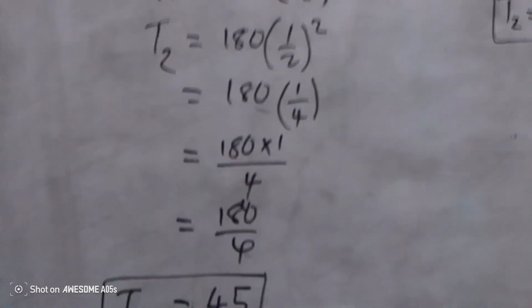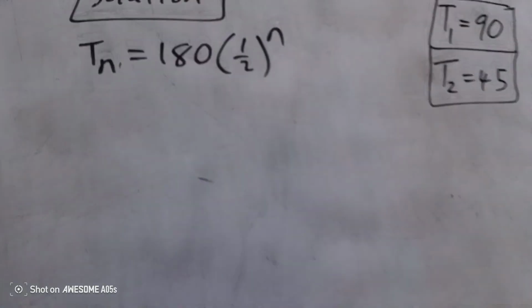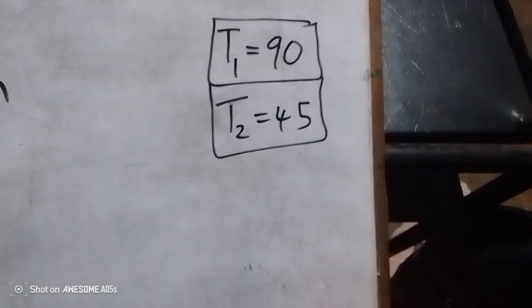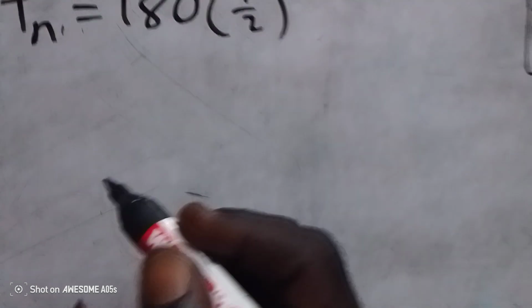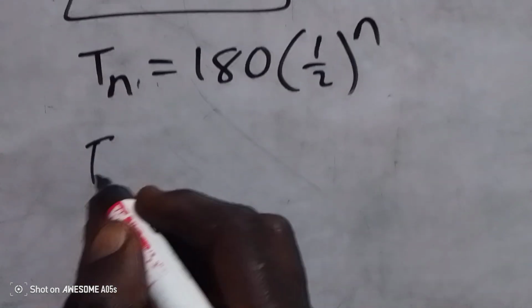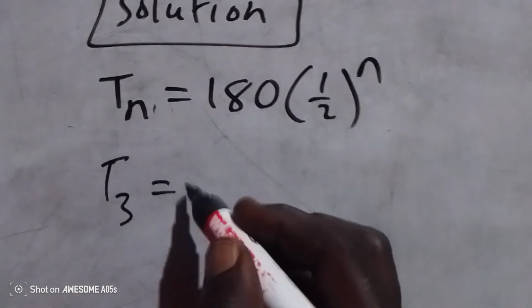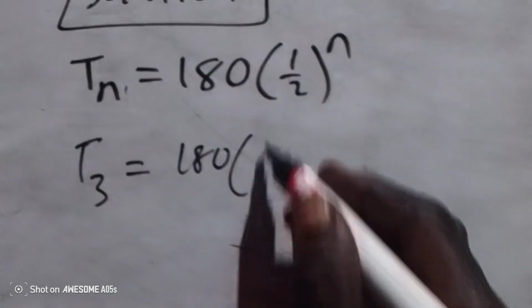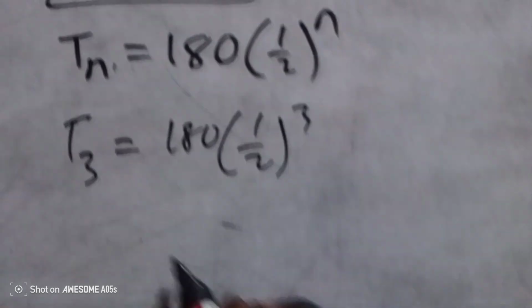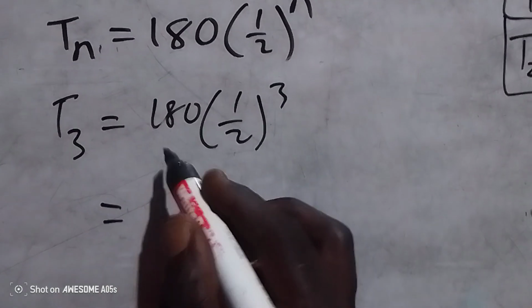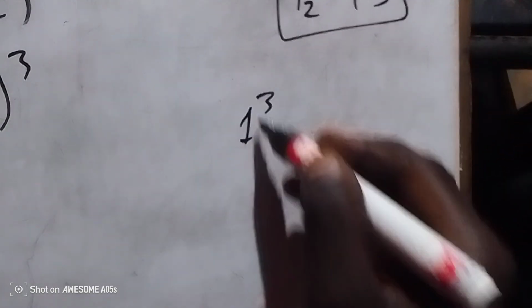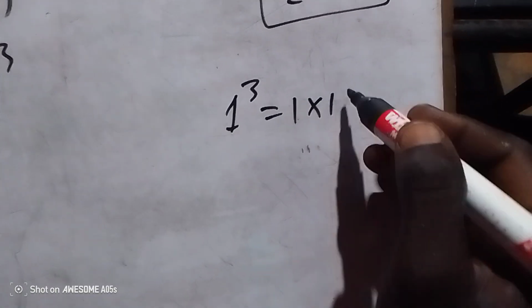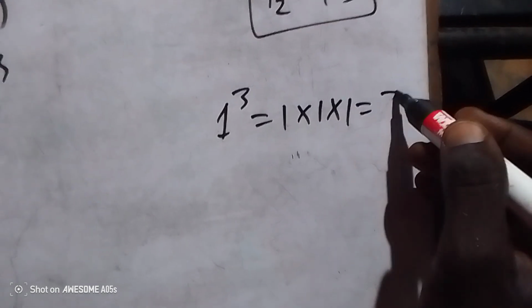Okay, let's go ahead and find the third term. I know we can find the third term from here, but let's use the formula as instructed. So T3 equals 180 times 1 over 2 power 3. Then 1 power 3 means 1 times 1 times 1, which is still 1.